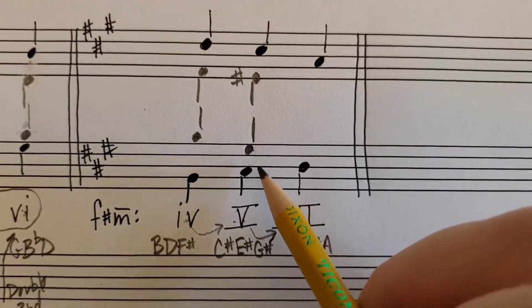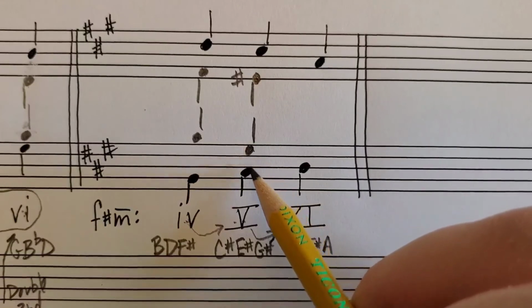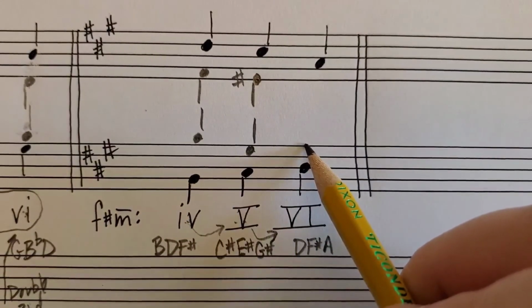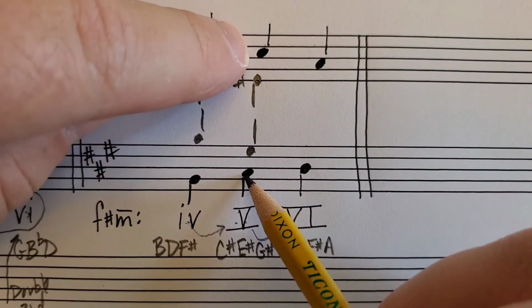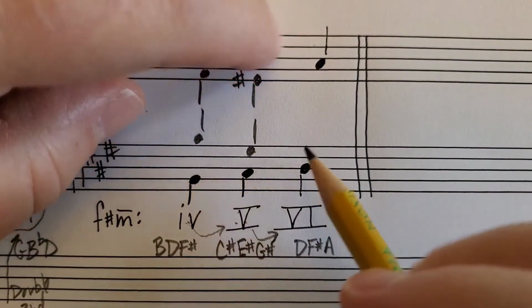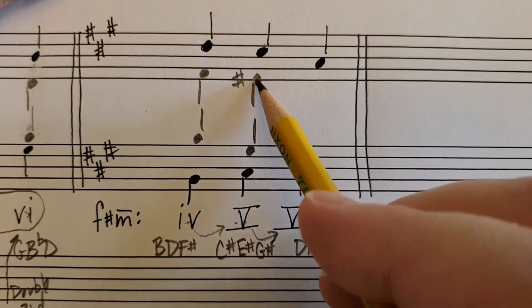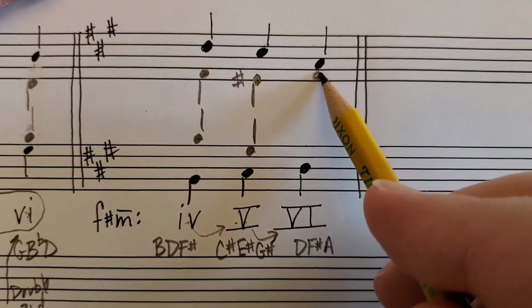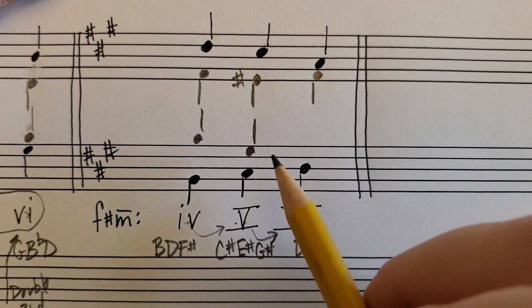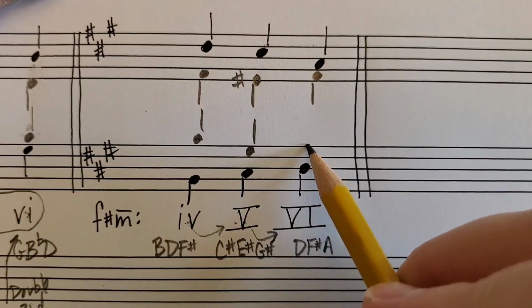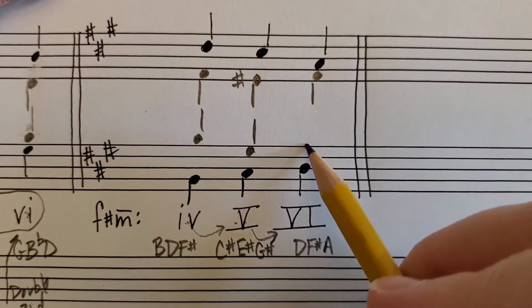Again, if we were to move everything in the same direction, notice how you'd have a parallel fifth between the bass and the tenor. If the soprano went up to the D, you'd have parallel octaves between the bass and the soprano. So leading tone resolves. And notice that resolves to one of the thirds. If I move this tone up to the A, I'll have a parallel fifth with the bass. Also, we'll have two A's, and I don't want two A's.